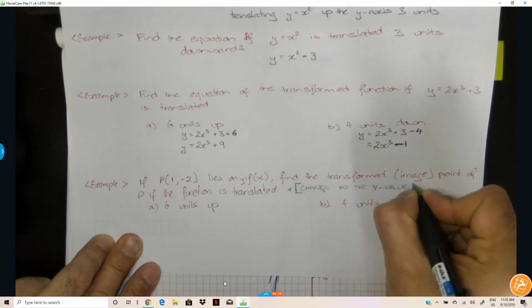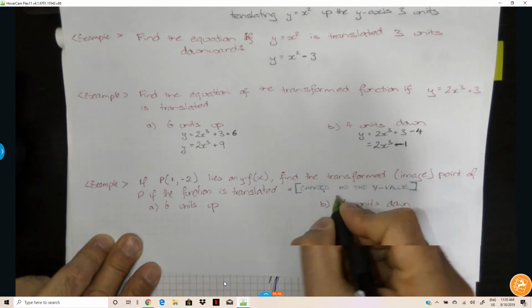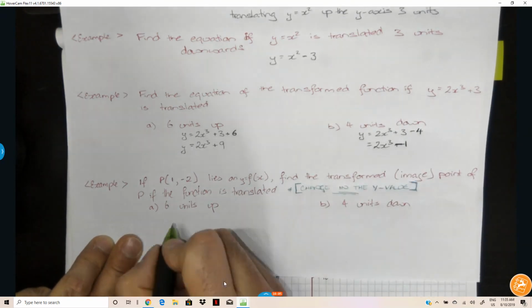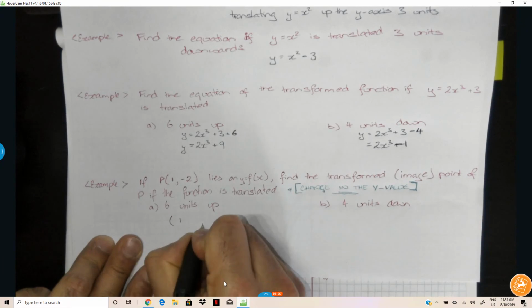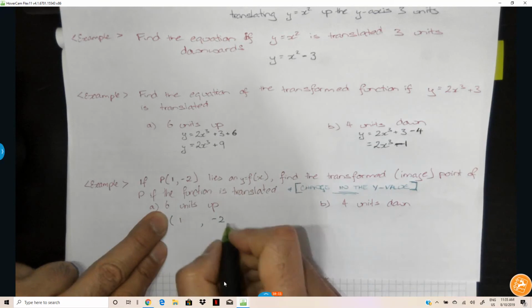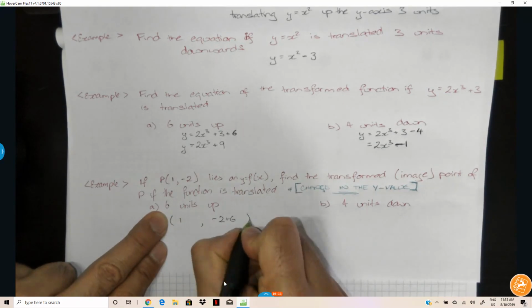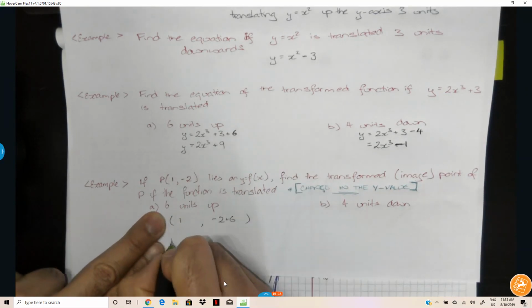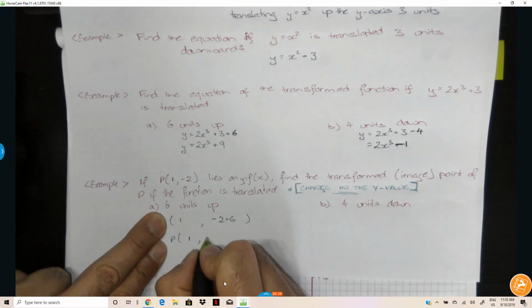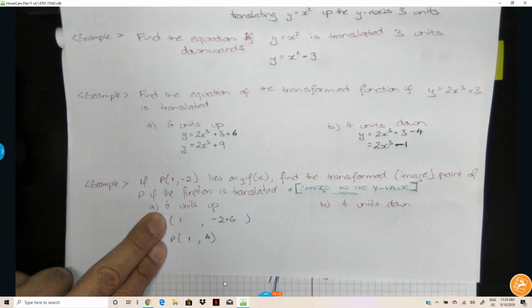So you've got to remember it's going to be a change in the y value. With the original point 1, negative 2, we're going to add 6 units to the y value. So the new point will be 1, negative 2 plus 6 becomes 4, so 1, 4.